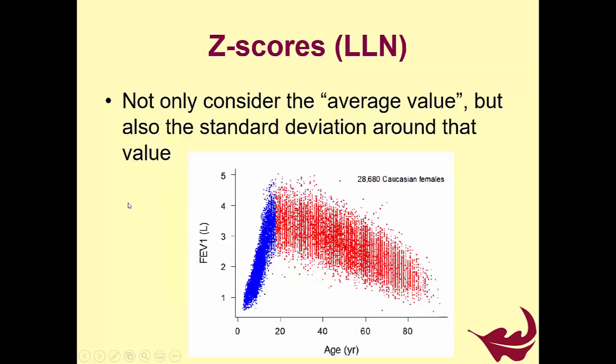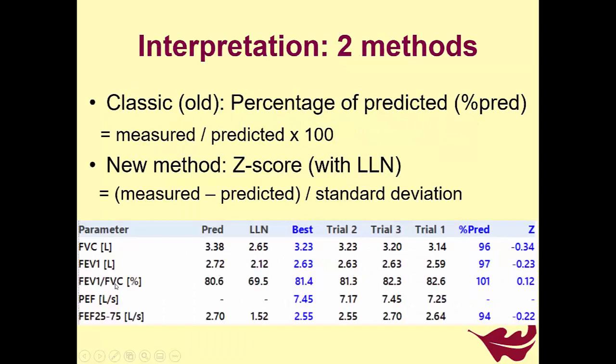So you can see there's an FEV1 divided by FVC percentage. Previously, we would look at the actual value and say that this value, 81, 82, 82.6, etc., must be higher than 75%, or 70% if you talk to pulmonologists. But the lower limit of normal, you can see here, is 69.5.